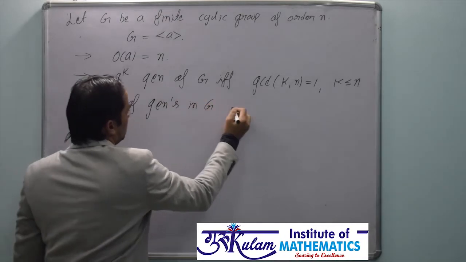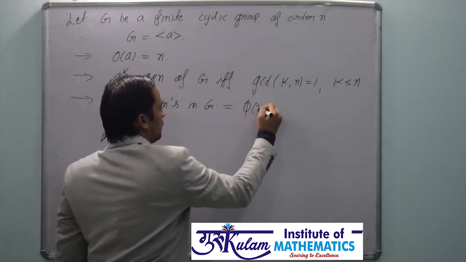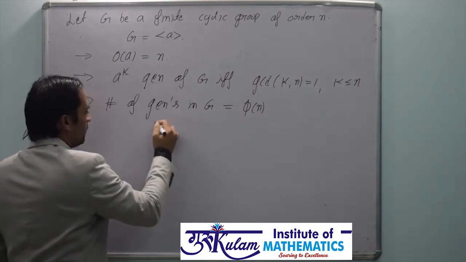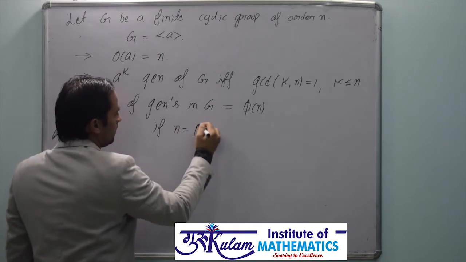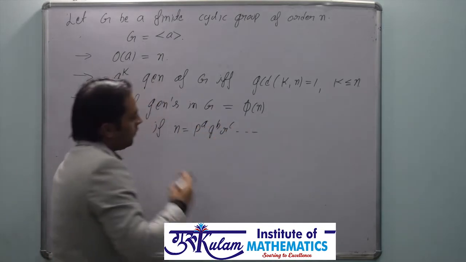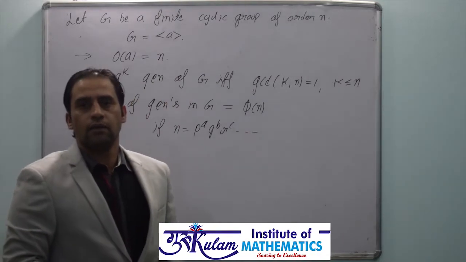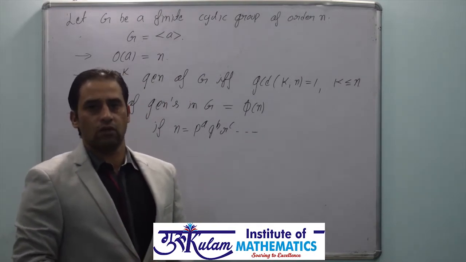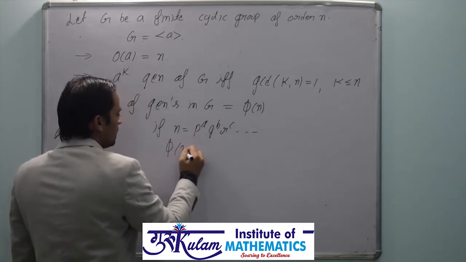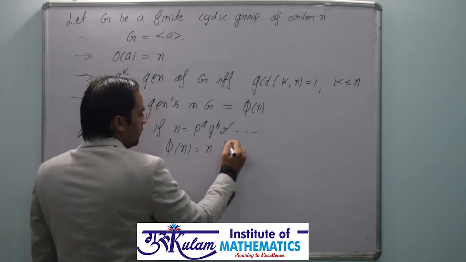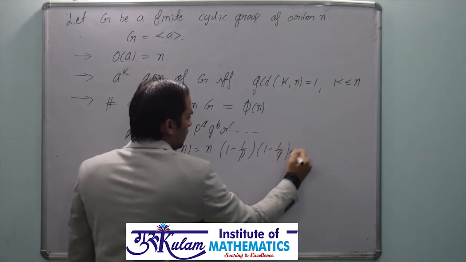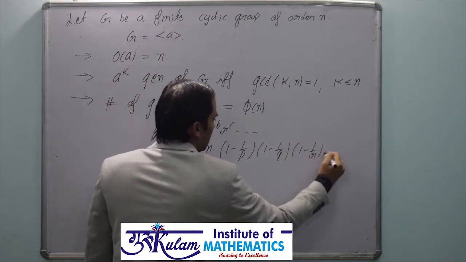Based on this property, the number of generators in G is exactly phi of n, where phi is the Euler-phi function, which is given by: if n is equal to p to the power a, q to the power b, r to the power c, and so on, where p, q, r are distinct prime divisors of n and a, b, c are natural numbers, then phi of n is given by n into 1 minus 1 upon p, 1 minus 1 upon q, 1 minus 1 upon r, and so on.